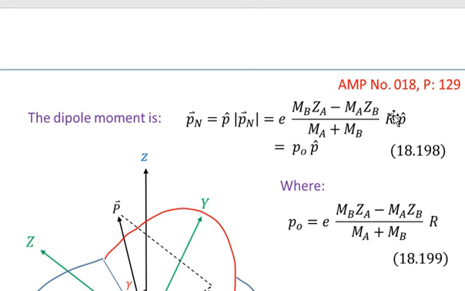And here the magnitude of the Pn vector is given by this relationship, that is e multiplied by (MB ZA minus MA ZB) divided by (MA plus MB), multiplied by R. Because here you have put your reference on one nucleus and you have calculated the nuclear dipole moment for the second nucleus, and according to that you have calculated this relationship.